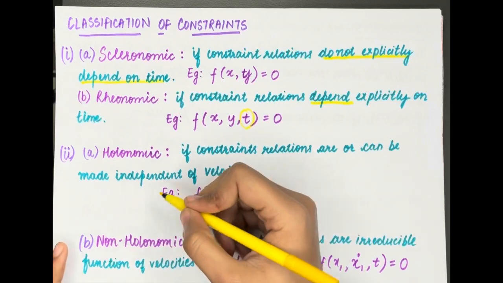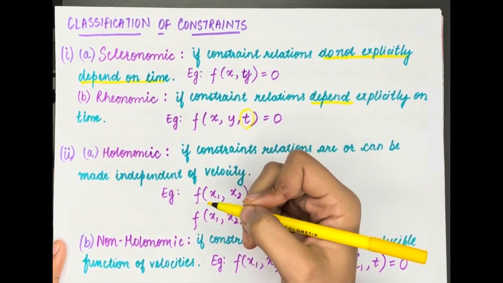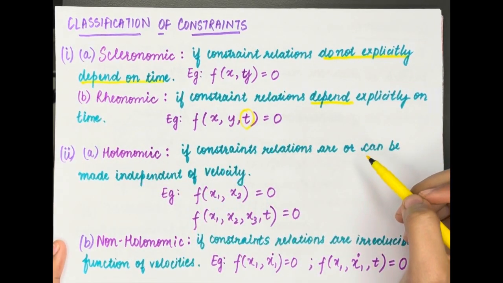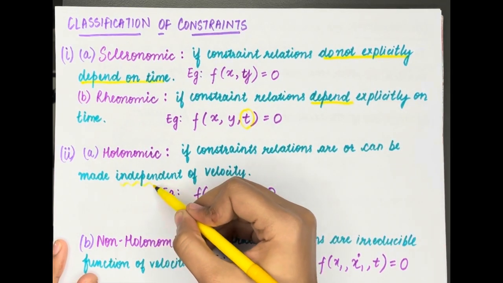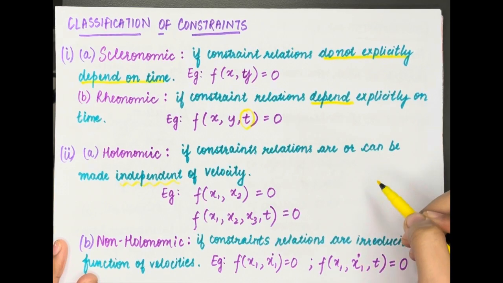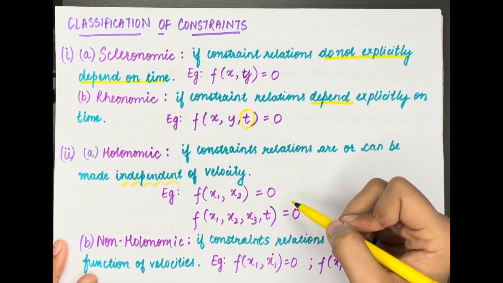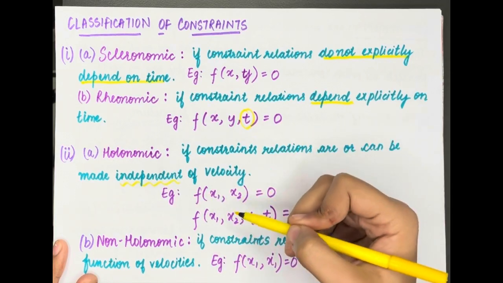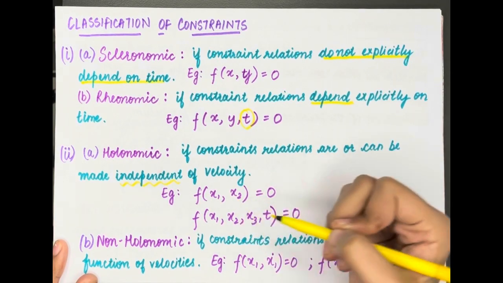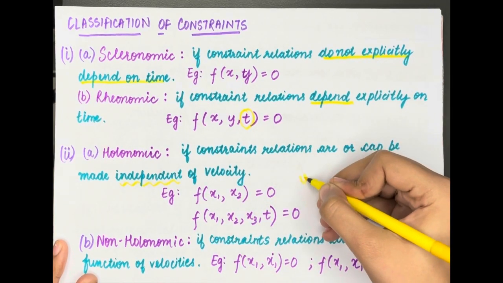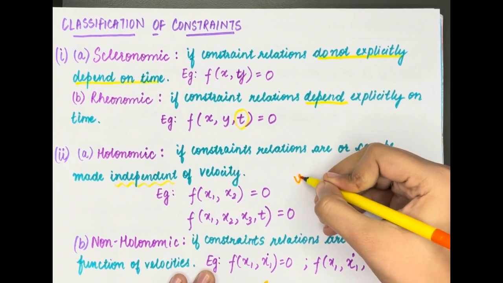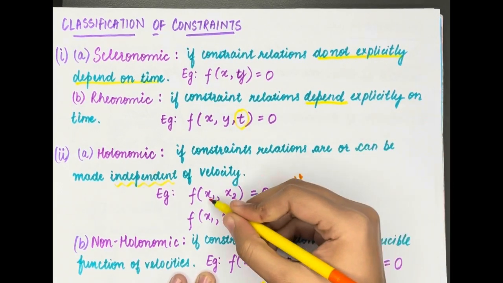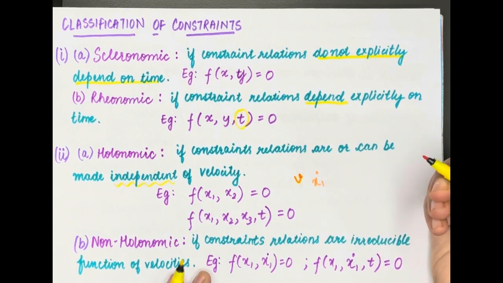The second way of classification was velocity. Number one is holonomic. If constraint relations are or can be made independent of velocity, then the constraints are called holonomic. For example, this constraint f is a function of x1 and x2. It does not depend on velocity v, or it does not depend on x1 dot, as we say.